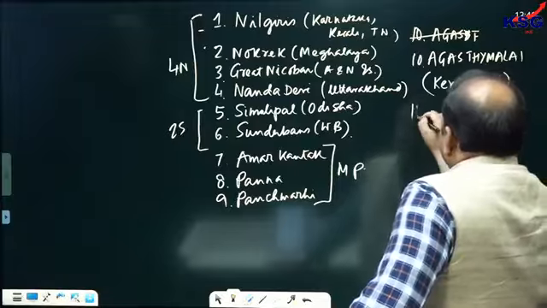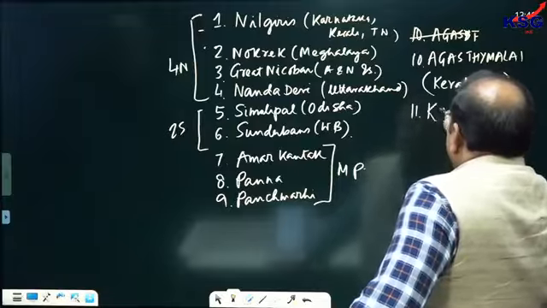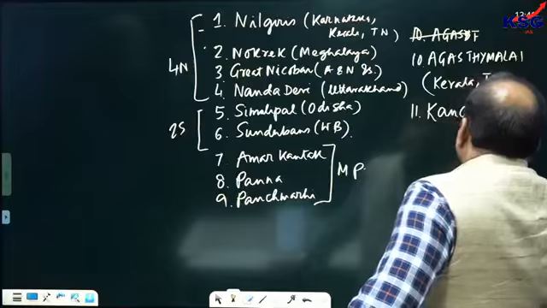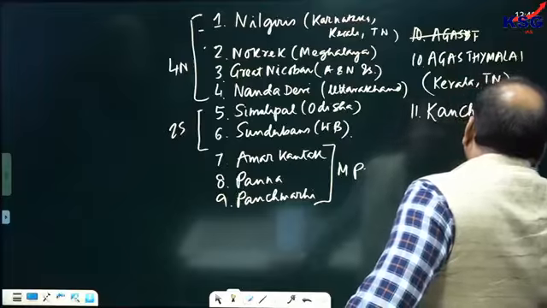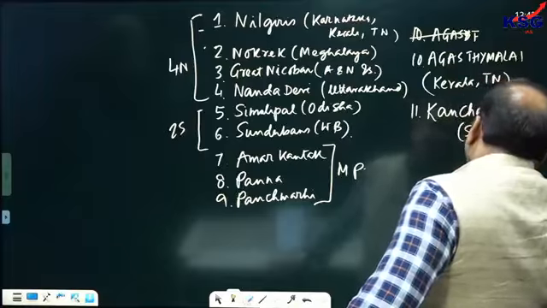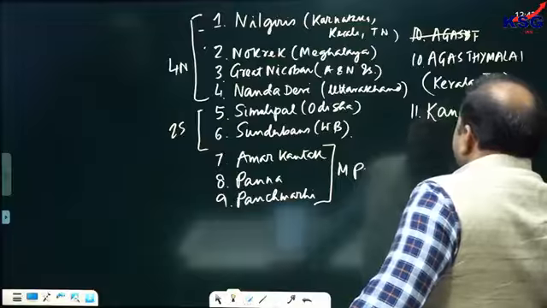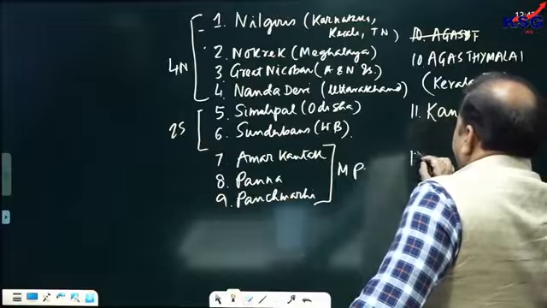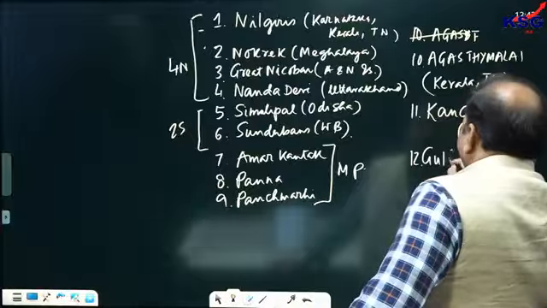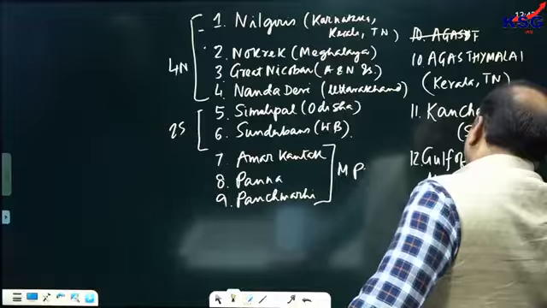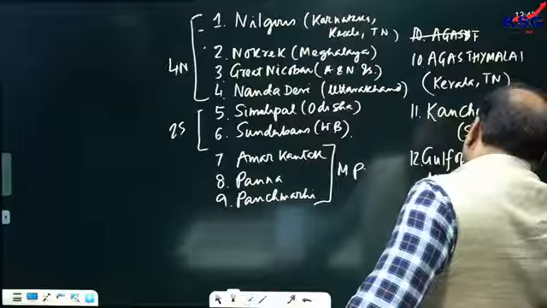Then also Kanchenjunga, that's in Sikkim, and this is the highest biosphere reserve of India. Then Gulf of Mannar, you know, between India and Sri Lanka.